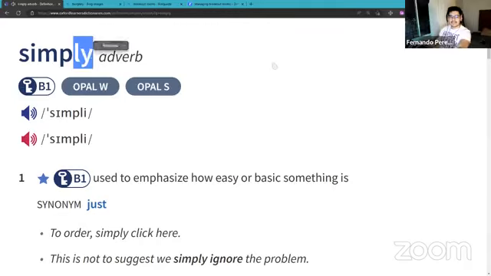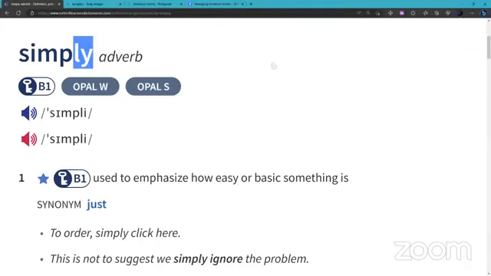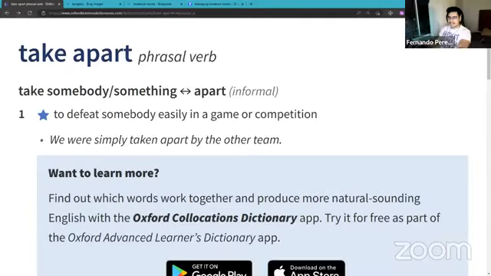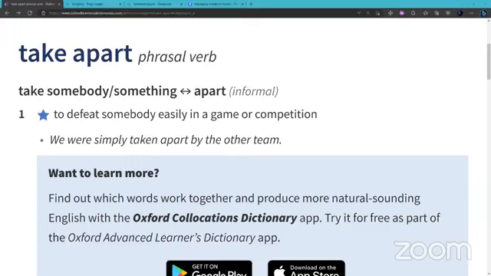It's an adverb. Simply. All right, one more time. Yes, we were simply taken apart by the other team.